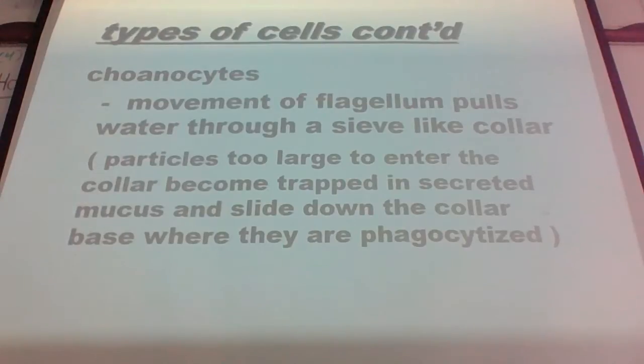So again, to me, the best way to look at that is this collar is like a sleeve, kind of like a cone, that as it gets closer and closer towards the center of the sponge, the opening becomes smaller and smaller and then becomes trapped because it can't move any further. Then these water currents are going to travel through the spongial seal and then out the top, or the what? Osculum, that's right.